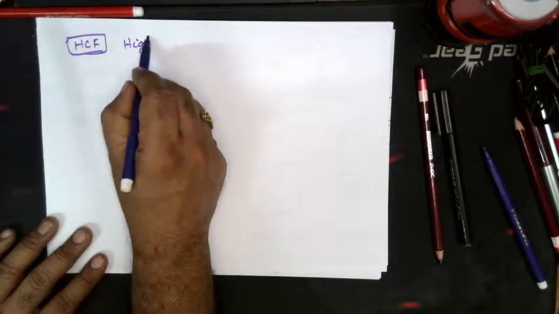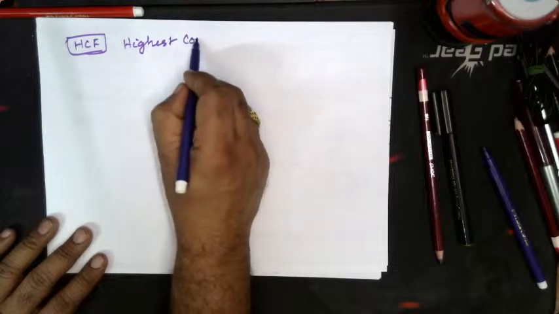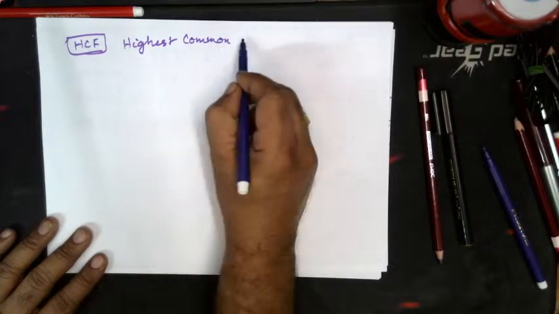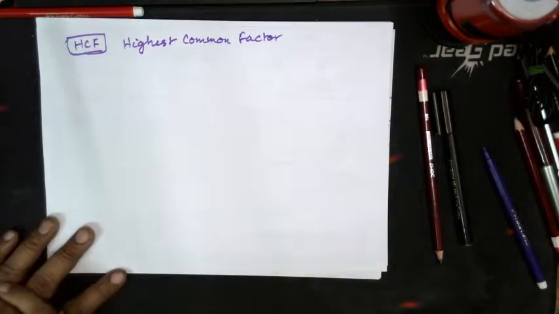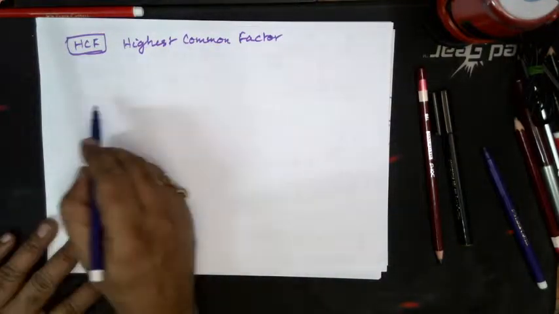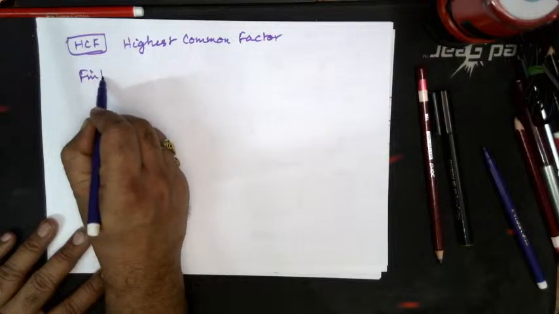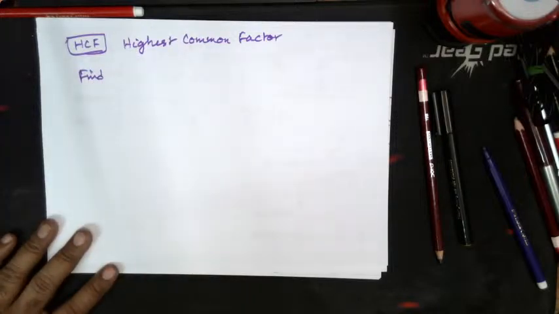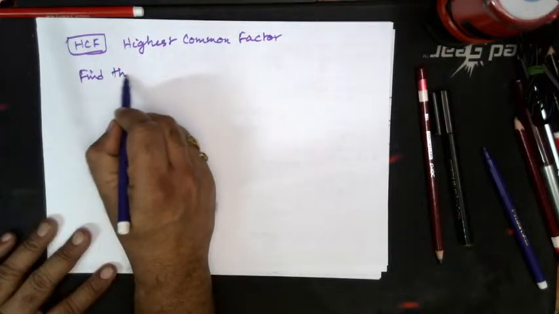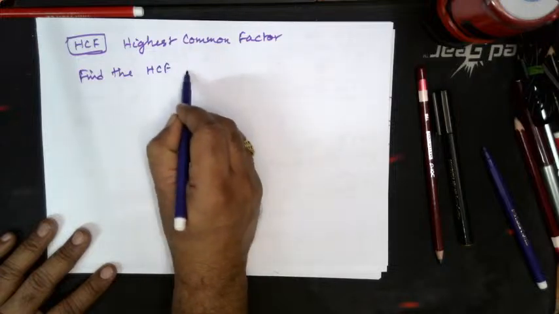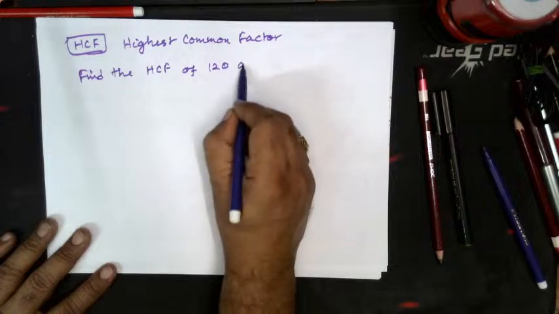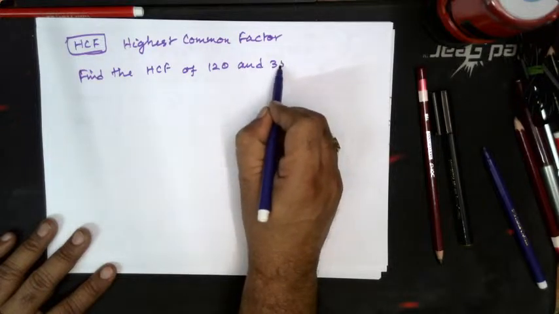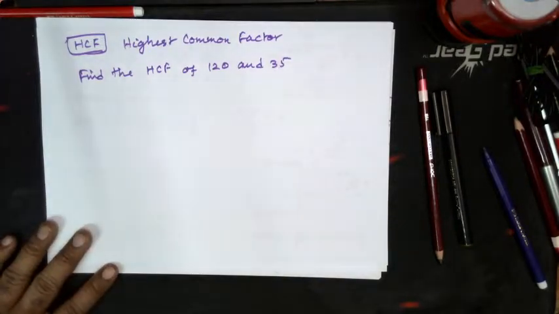Highest common factor. Take down. Find HCF of 120 and 35.